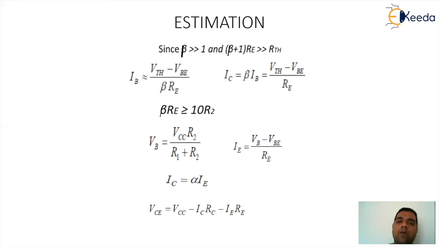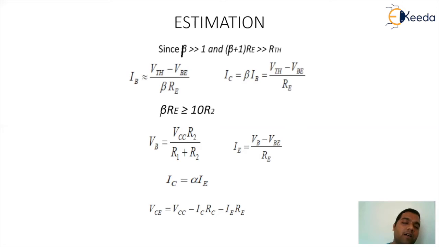Okay. Now coming back to small estimation which I can apply here in the circuit of potential divider bias. If I assume the value of beta to be much higher, then 1 plus beta times RE will be much greater than RTH. So in that case, I can define the value of IC or IE as VTH minus VB by RE.